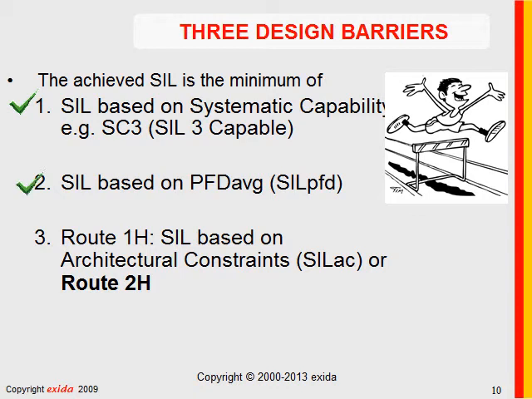Second thing you have to do is a probability of failure on demand calculation, if it's a low demand application, or a PFH calculation if it's a high or continuous demand application. Last, you must check what are known as architecture constraints. Perhaps you've never heard of the word, but it means minimum levels of redundancy in a design.